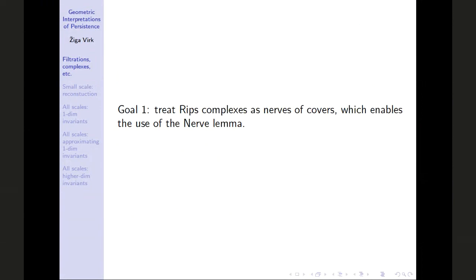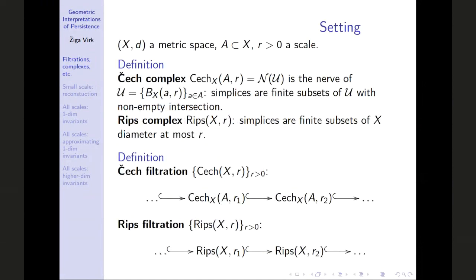Maybe just a word of warning, sometimes I get this question. Our complexes here will be generally built on the whole space, and our spaces will be, let's say, manifolds or something like that. So we will have infinitely many vertices. Now, how does that relate to the practical setting where we usually have finitely many vertices?